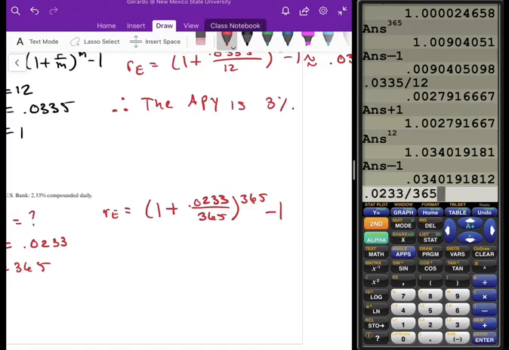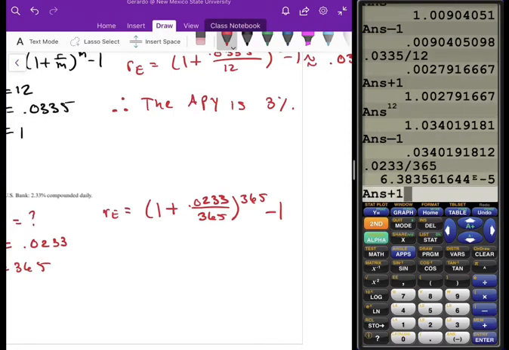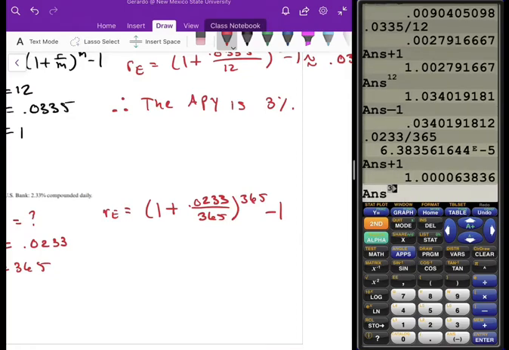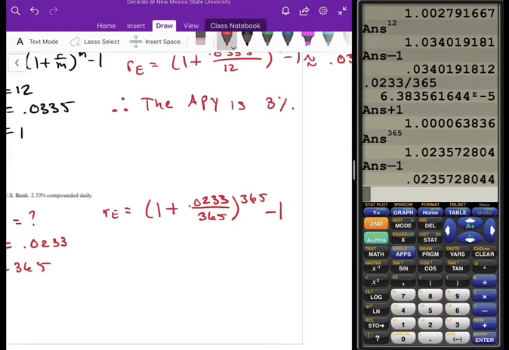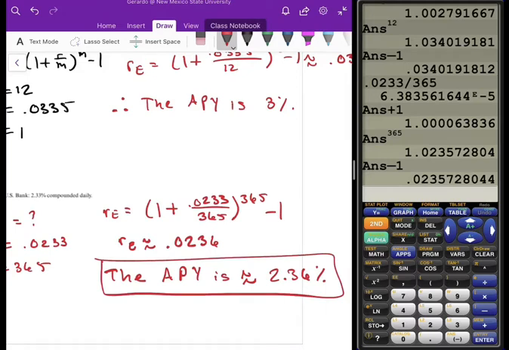So 0.0233 divided by 365 plus 1, to the power of 365, minus 1. That's approximately 0.0236. That means that the APY is approximately 2.36%.